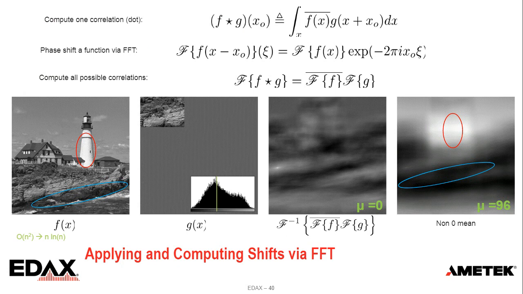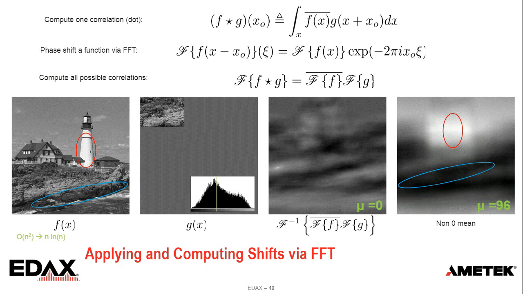The general idea is you basically take the Fourier transform of your master pattern, your reference image, and your template, and convolve them by multiplying in the frequency domain and then doing the inverse Fourier transform.